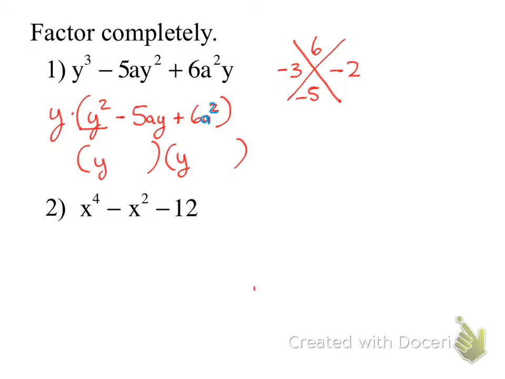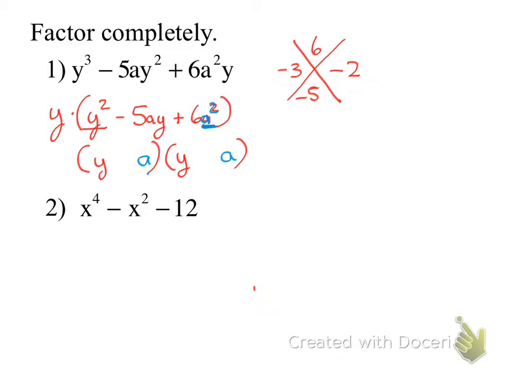We know that the way that we break up y squared is a y times a y. And the way we break up that second term, we've got to break it up as an a and an a. That will give me the a squared there. And that also gives me that inner term of an ay and the other outer ay. Does that make sense? So we're going to leave that there.